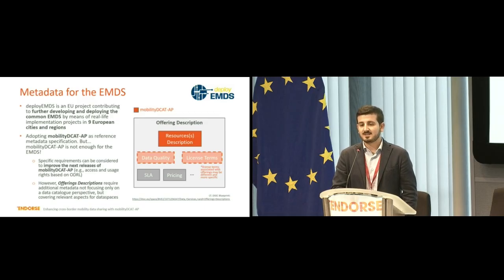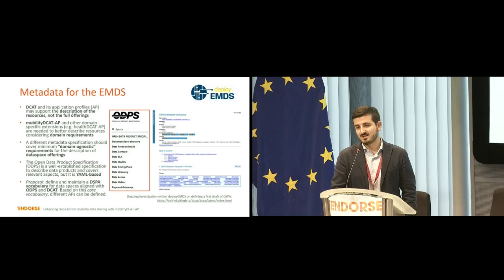The point is that there are specific requirements for data spaces that are not fully covered by mobilityDCAT-AP. And while some of these requirements can potentially be used to improve mobilityDCAT-AP, we believe that there are some aspects related to the description of offerings that are required for data spaces that potentially should not be part of mobilityDCAT-AP, but should be in another specification.